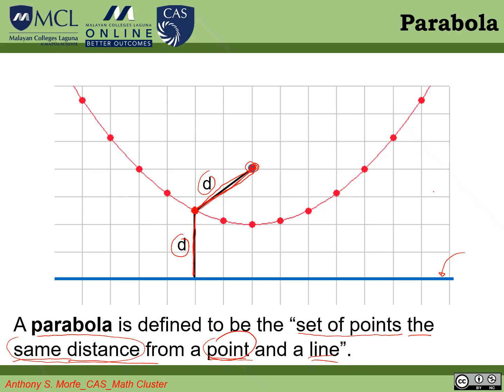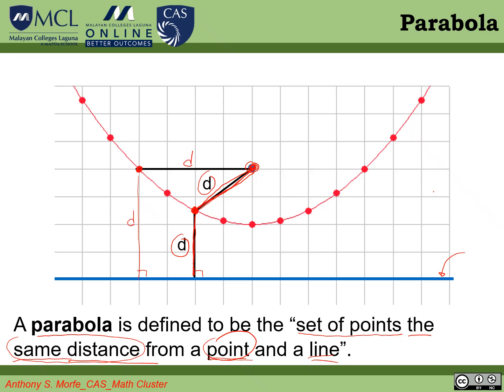If you take this point, also in a parabola, and if you drop a line from this point perpendicular to the line, so 90 degrees, this is also 90 degrees. So this distance here, if you call this distance d, this is also d.